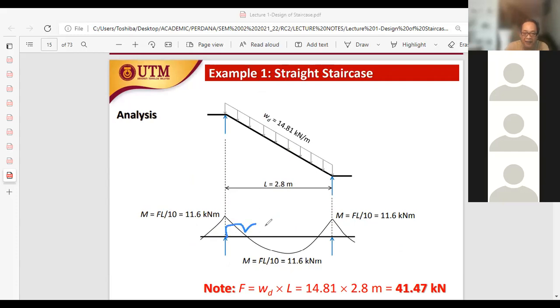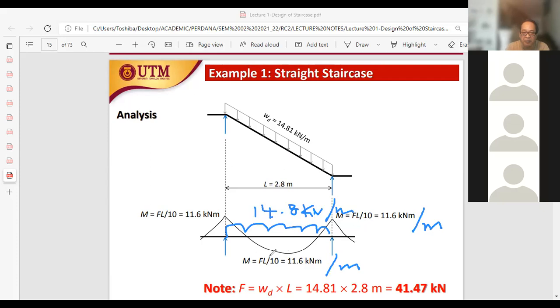So now we have a value of approximately 14.8. According to this, 14.8. I can just use 15 here. 14.8 kilonewton per meter. Remember, it is per meter width. And next to it is kilonewton meter per meter width. This is kilonewton meter per meter width, the bending moment.